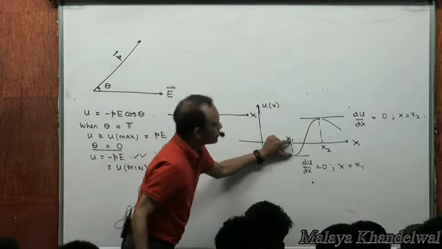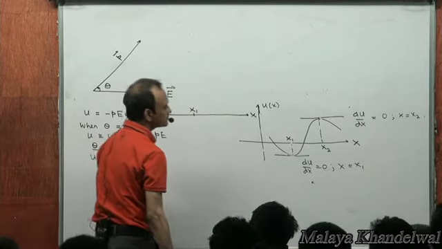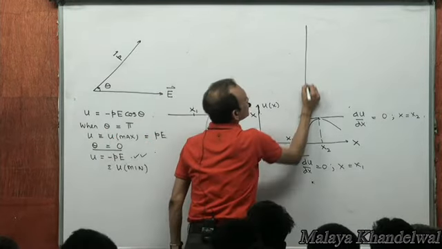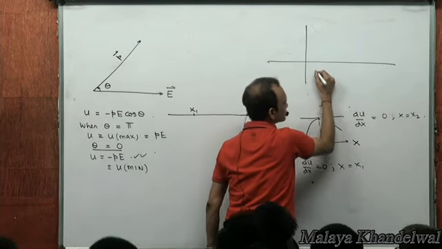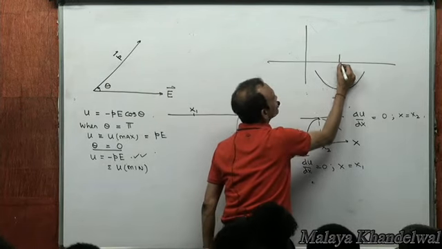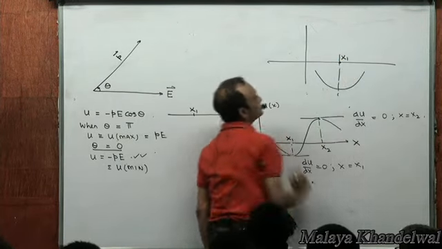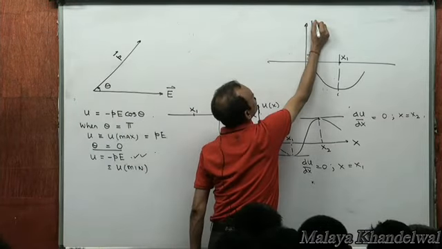And this is its potential energy at x equal to x1. Look at the region in the proximity of x equal to x1. This is U versus x.